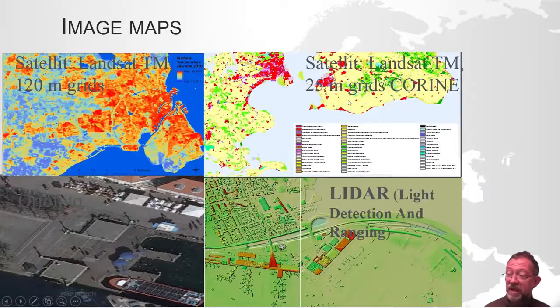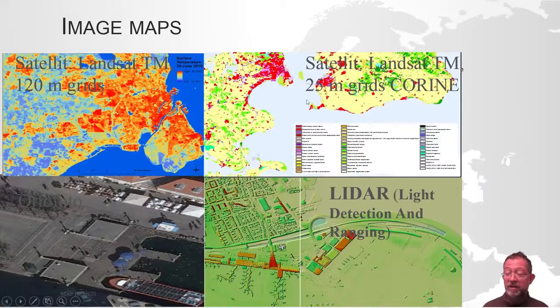The Korean land cover map is also a satellite dataset. It's derived also from the Landsat 7, but here we have classes, so it has been categorized. We have urban, ports, different categories here that are delimited based on interpretation of the satellite.